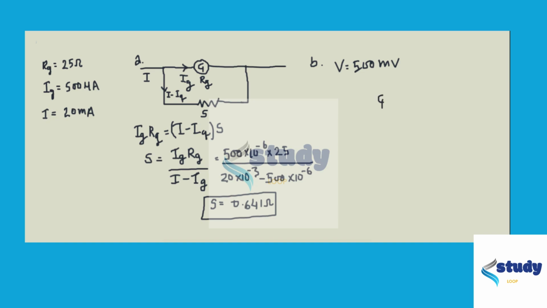So since the maximum current that can flow through the galvanometer is Ig, we need to make sure that the current is small, and that will only be possible if the resistance of the circuit is high. So to make that high, we add a resistance R here, so that less current flows through the galvanometer, and the potential across this should be 500 millivolts.